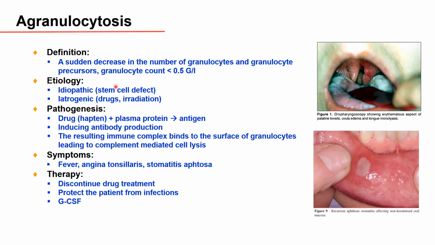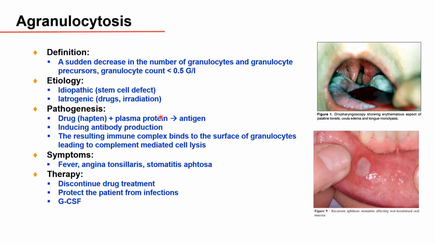Usually this is a stem cell defect or some kind of immune-mediated process, or iatrogenic, when somebody has some irradiation or drug, and that decreases the granulocyte count almost to none. Pathogenesis, as I mentioned, is immune-mediated when we have a drug, and that's a hapten, and that can form an antigen and induces antibody production, and the immune complex usually causes the lysis of these cells.